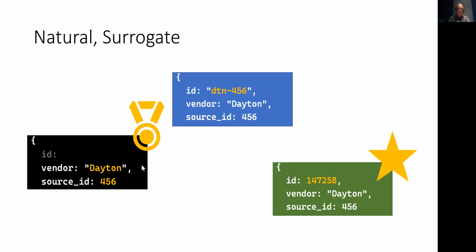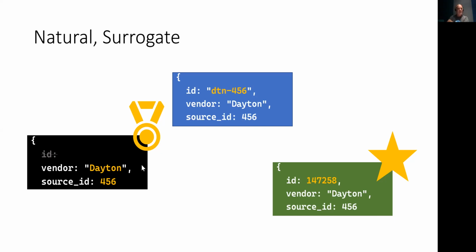So if you ask me which one I should choose, I would tend to say the surrogate key, and the reason for that is it's very repeatable. And sorry, not sorry, again. If you ask me what I would do, the one with the metal here is the natural key.